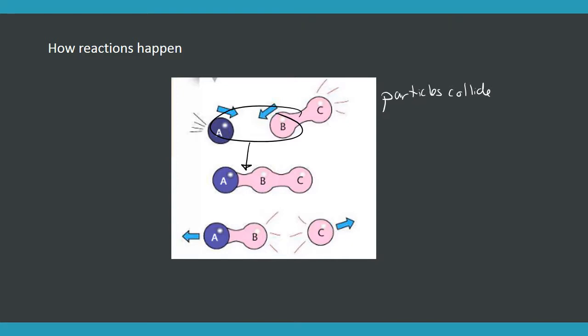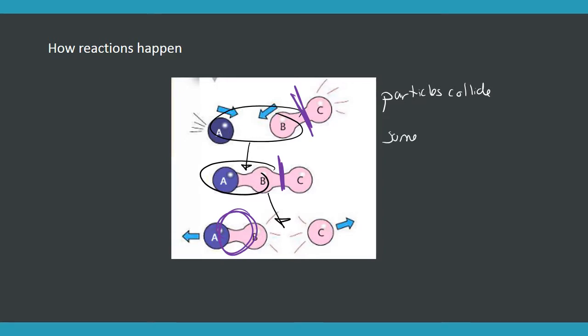Depending on the strength of that collision, that interaction may eventually overcome the original one that B and C had, and therefore B and C break apart and A forms a bond. So we are breaking this bond right here between B and C, and we are forming the bond between A and B.